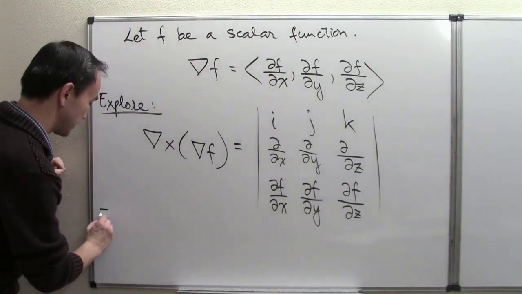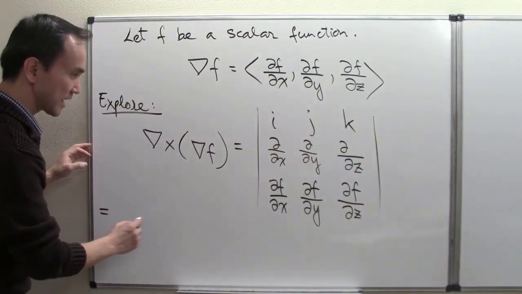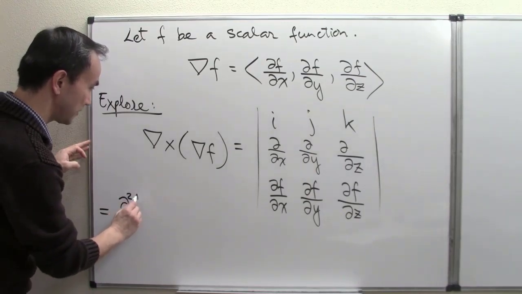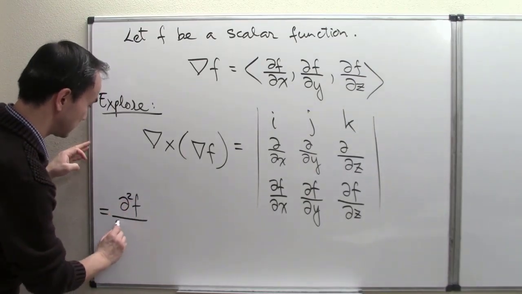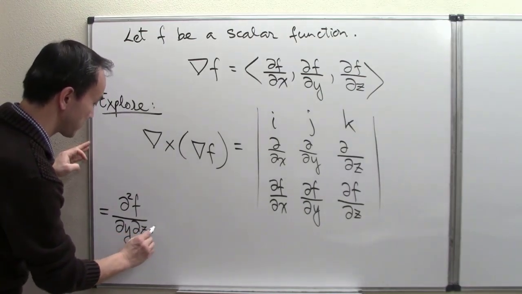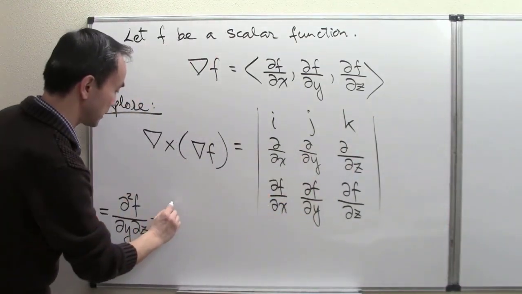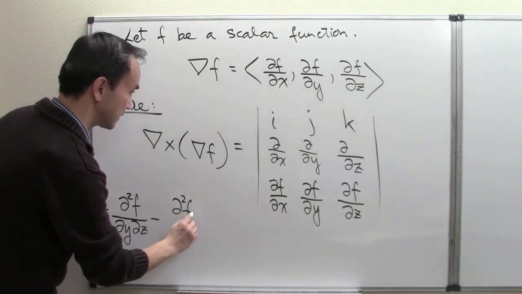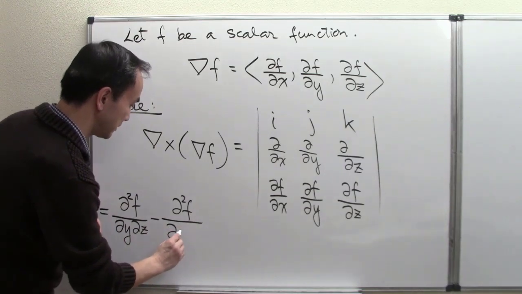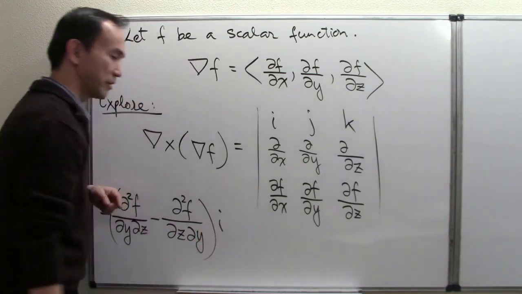In that case, looking at the i component, we have d squared f over dy dz, minus d squared f over dz dy.